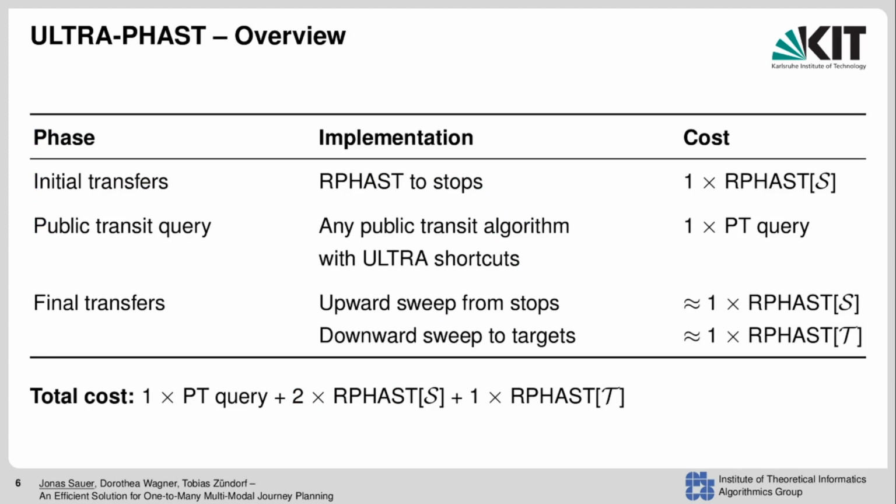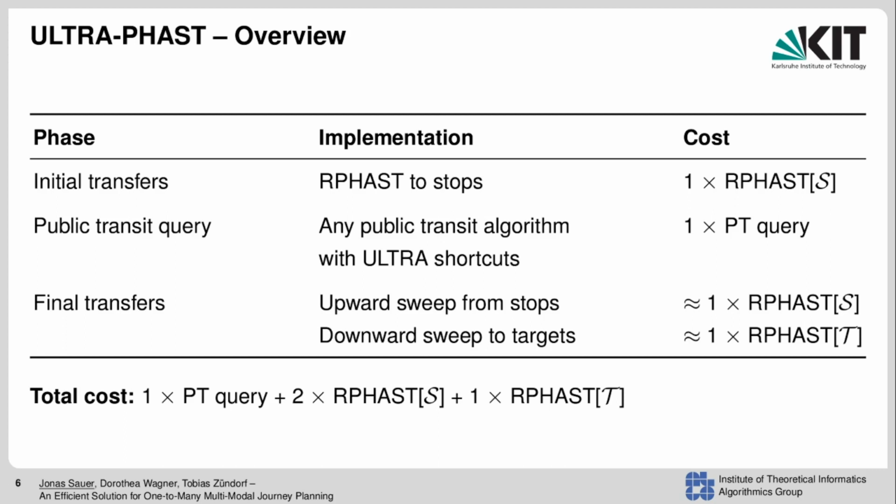Now let me give you a quick overview over the algorithm in full. In the first phase, we perform an rFast search to the stops for the initial transfers, which obviously has the cost of one rFast search to the set of stops. Then the second step is the public transit query, which we can perform with any public transit algorithm using Ultra shortcuts.